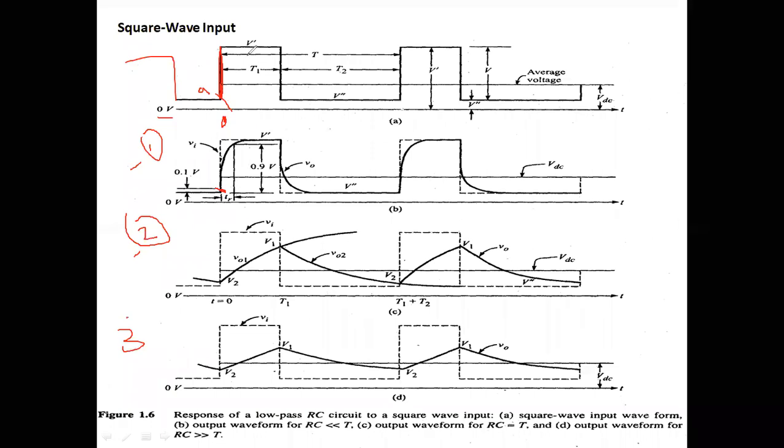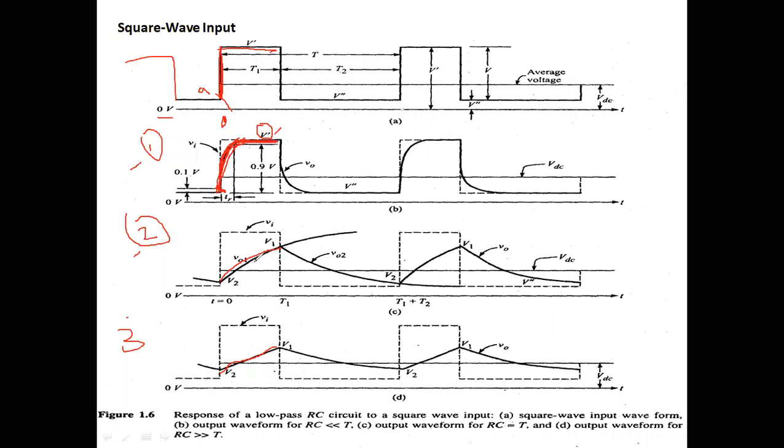After that, while the input voltage is maintained constant, our capacitor slowly charges and the output voltage slowly rises depending upon the time constant. If the time constant is very small, the output voltage quickly reaches our input voltage V dash and then maintains that constant level V dash.